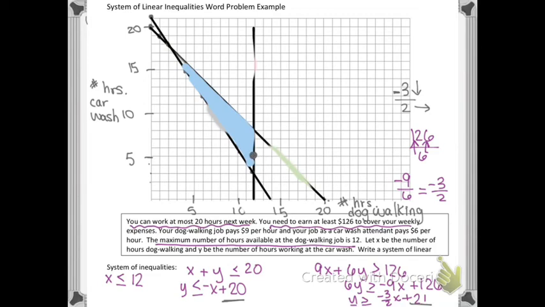That could be my sample point, and the coordinates of that point are (12, 5). Remember in the problem, x was the number of hours dog walking. So we could do 12 hours dog walking and 5 hours working at the car wash.